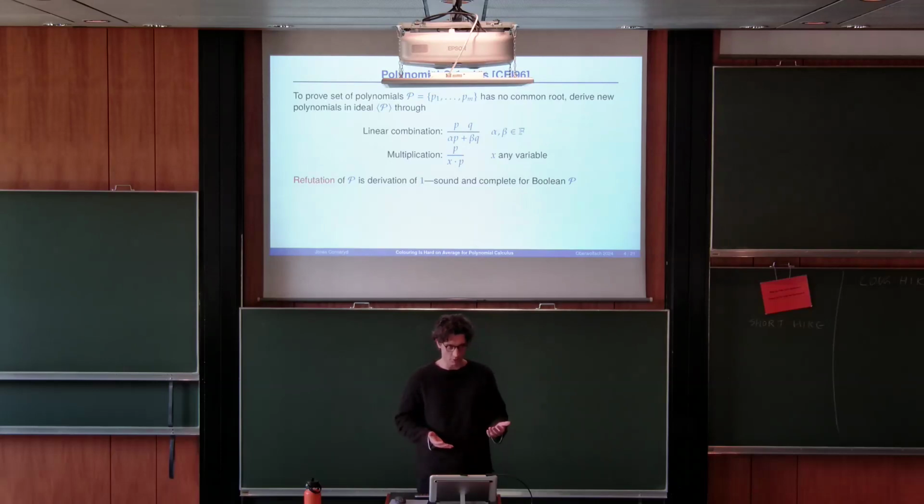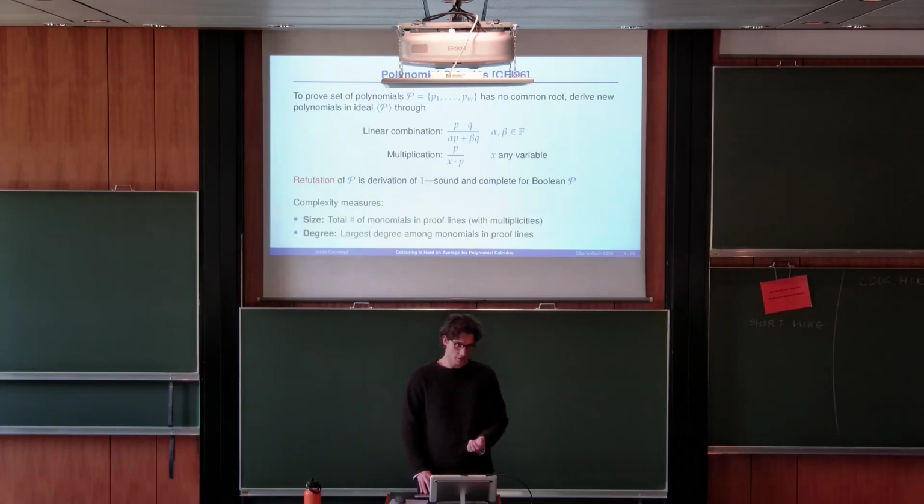And these are just the operations that the ideal is closed under. Because these operations preserve common roots, if you manage to derive a constant polynomial starting from the input, you will have proven that there couldn't be any common roots in the first place. And this is actually a sound and complete proof system if you know in advance that your variables are going to take Boolean values. Otherwise, you need an algebraically closed field for this to be true.